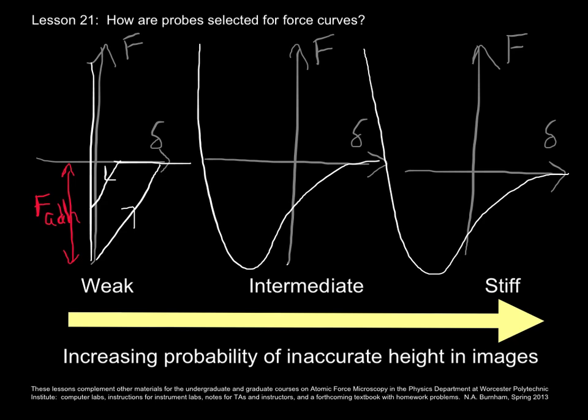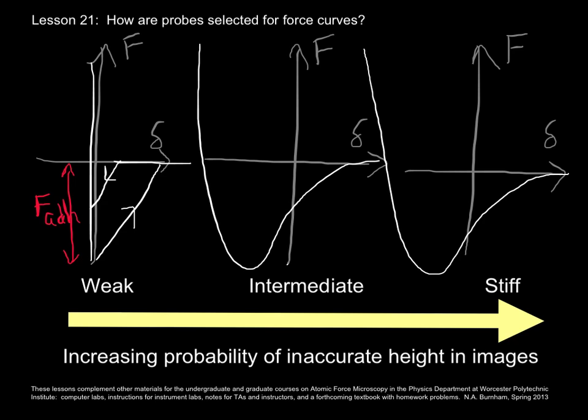And there's another concern, and that is if your cantilever is stiffer than the interaction between its tip and the sample, there's a possibility that as you go up over bumps while you're imaging, the bumps will compress and you will not get accurate height information.